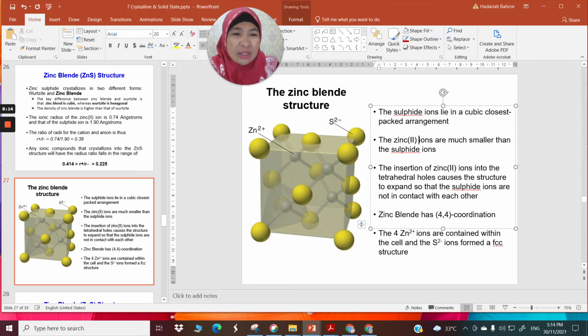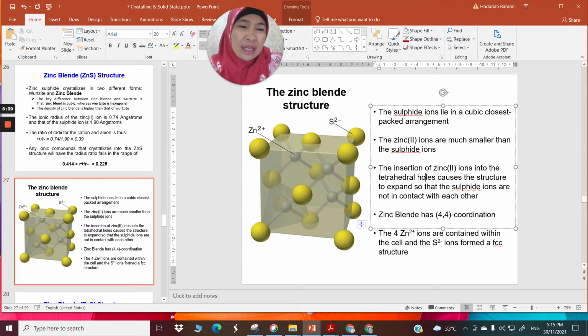The insertion of Zn2+ ions into the tetrahedral hole causes the structure to expand so that the sulfide ions are not in contact with each other. Zinc blende has a 4:4 coordination.